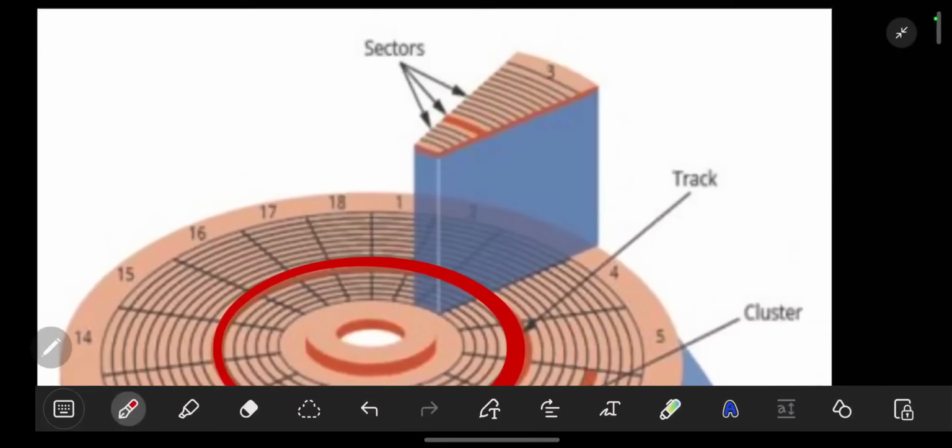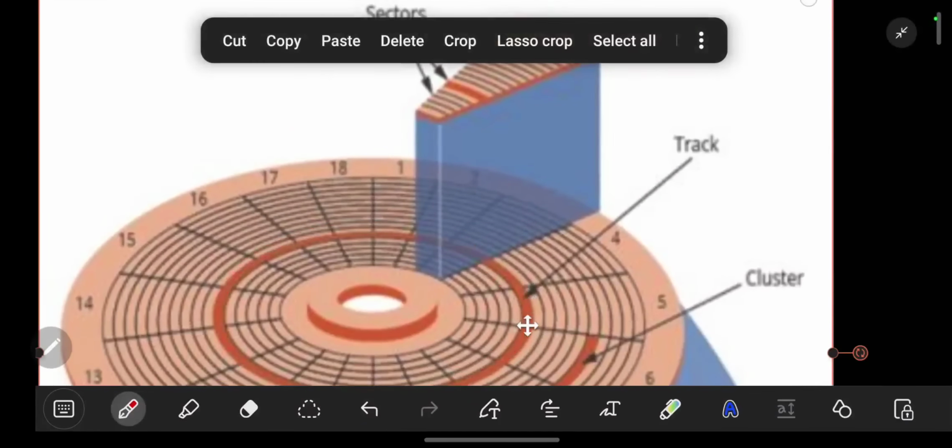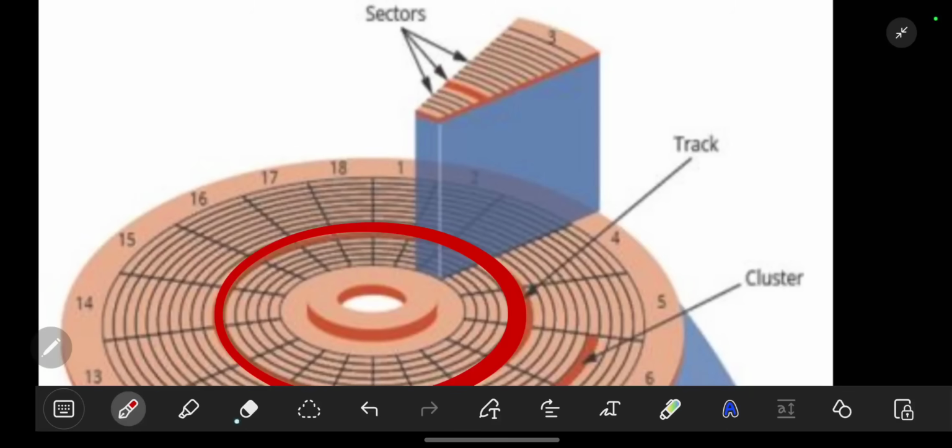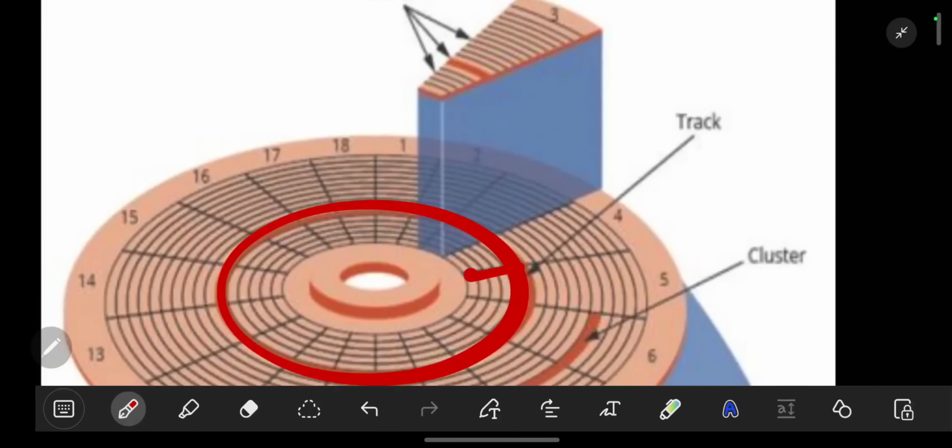Then a portion of the track, we call a sector. As you can see, just from here up to here, this is a sector. It would make sense, especially if you did math.